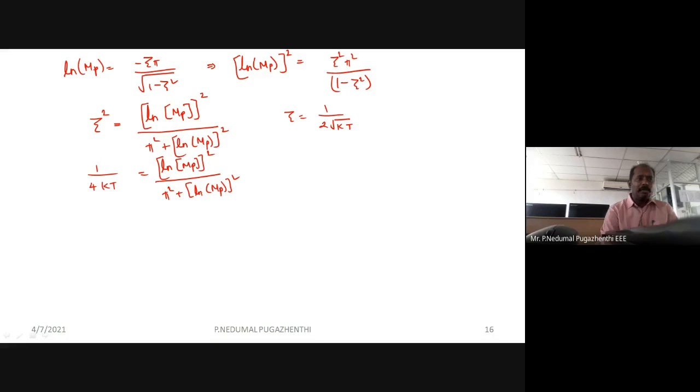From this I can write k is equal to, the numerator will be pi squared ln of mp the whole squared, divided by, the other things come to the denominator, 4t into ln of mp the whole squared.